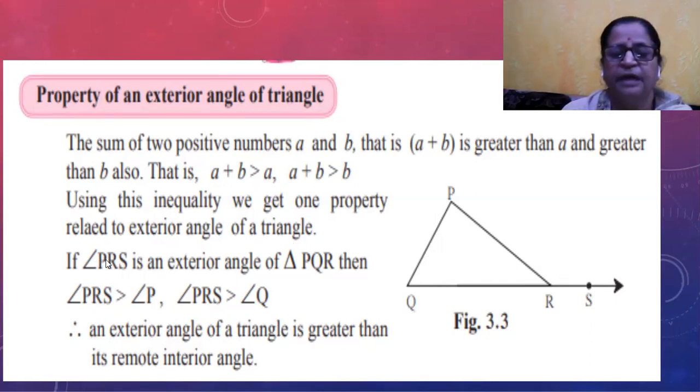If angle PRS is an exterior angle of triangle PQR, then angle PRS is greater than angle P, and angle PRS is also greater than angle Q. Therefore, an exterior angle of a triangle is greater than its remote interior angles.